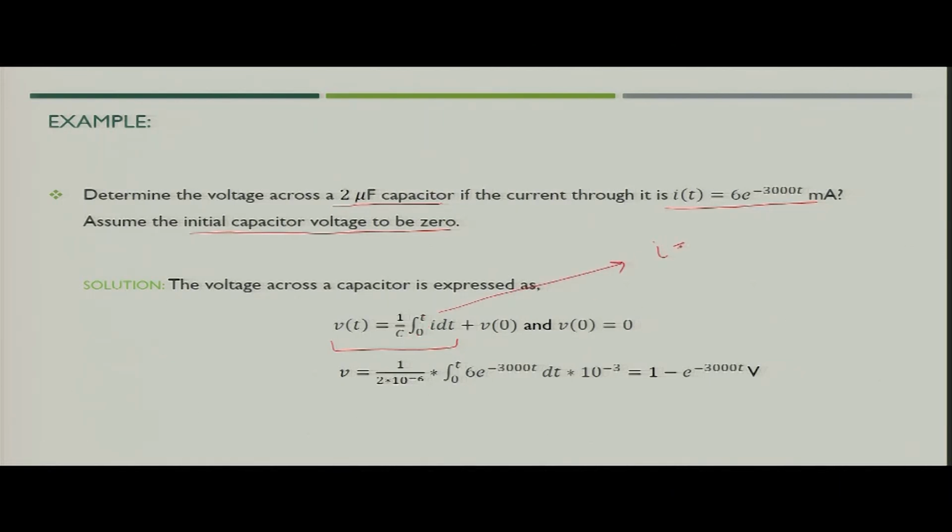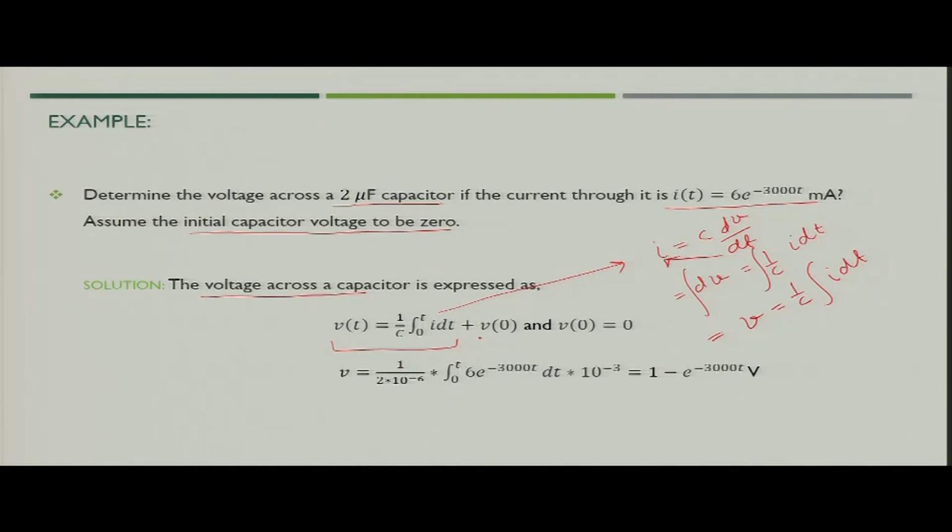Since you know i is equal to C dV by dt, if you take dt to the other side, it becomes dV is equal to 1 upon C i dt. If you integrate on both sides, you will get V is equal to 1 upon C, which is constant so you can take it out, into integral of i dt. This particular formula we have utilized to find the voltage across the capacitor.